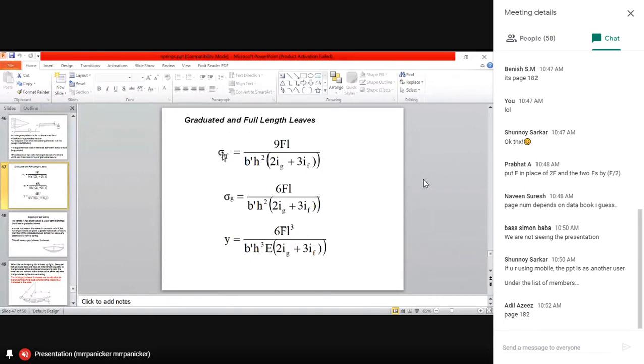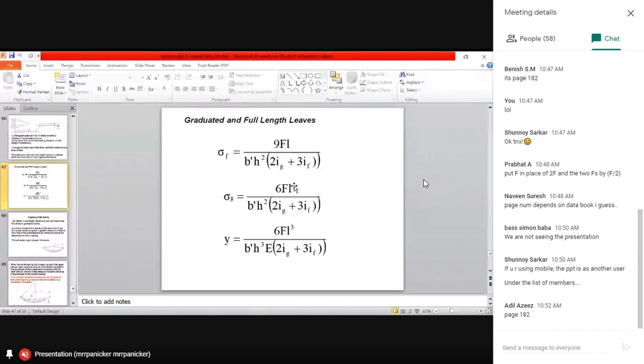One is the stress of full length leaves. Usually it is one or two full length leaves. Then the stress of graduated leaves, and the deflection. So the force will be given, design stress will be given, the span length may be given.